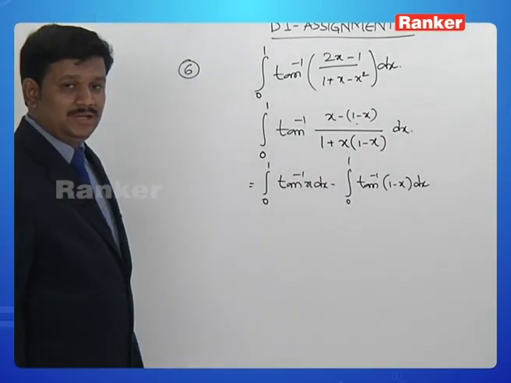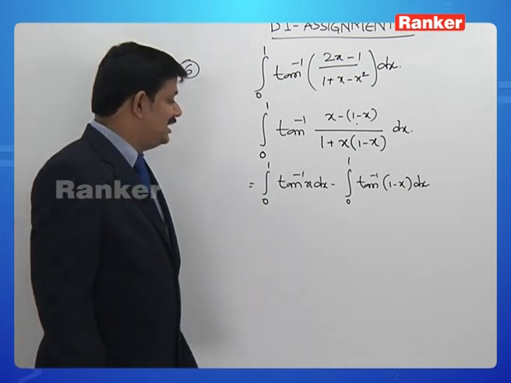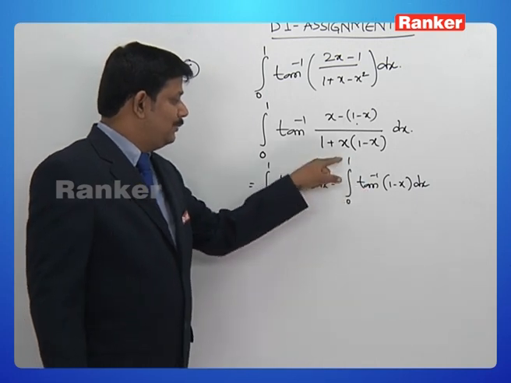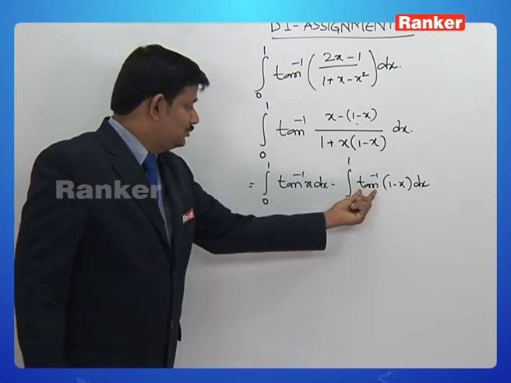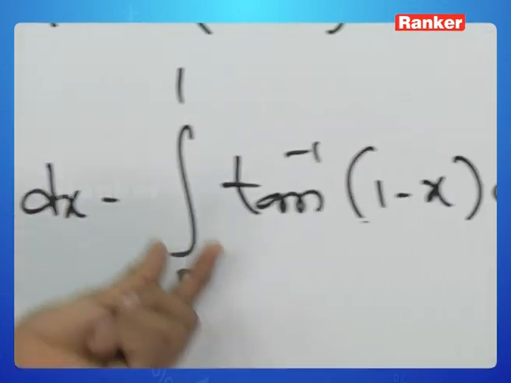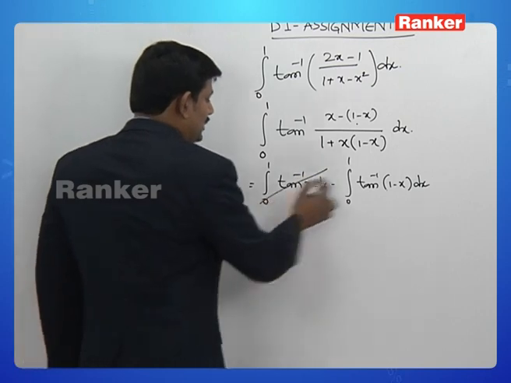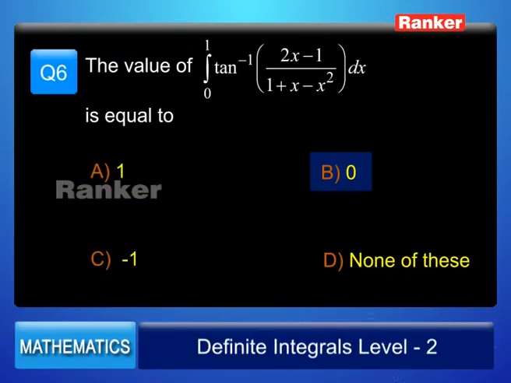Now, using the property that integral a to b f of x dx is the same as integral a to b f of a plus b minus x dx, a plus b here is 1. So, integral 0 to 1 tan inverse x dx will be the same as integral 0 to 1 tan inverse 1 minus x dx. So, these two cancel each other and the answer would be 0. So, the answer is 0, which is option 2.